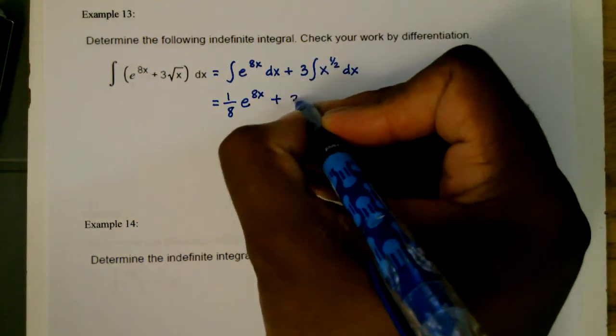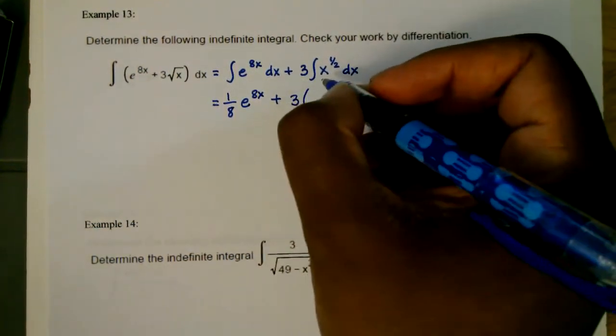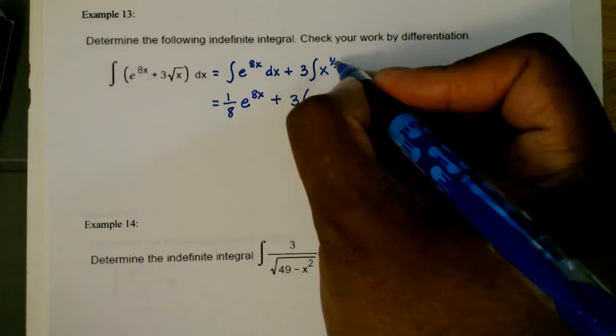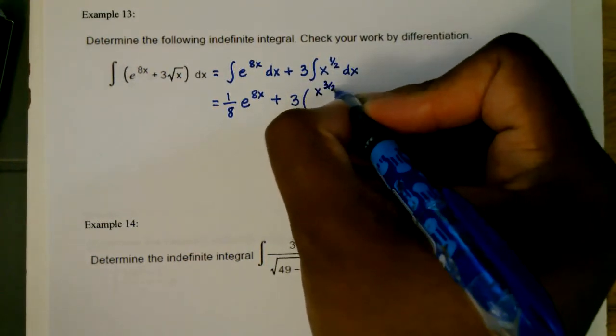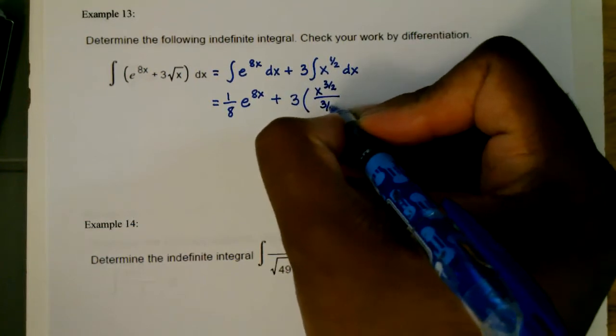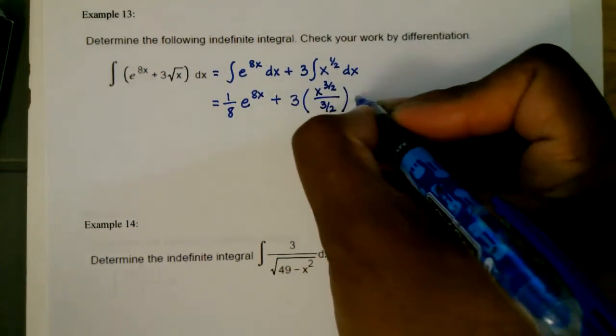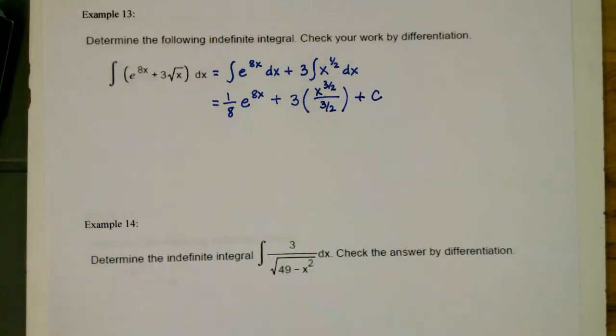If you recall, back in the first video of section 4.9, we increased the power by 1, so the x to the 3/2, divide that by 3/2, which is your new exponent, and then plus c, since it's an indefinite integral.